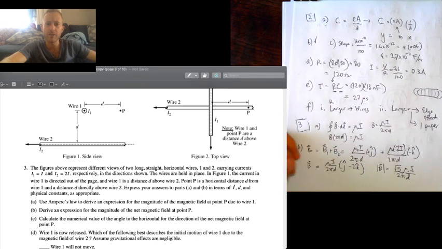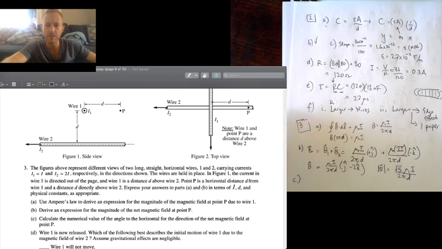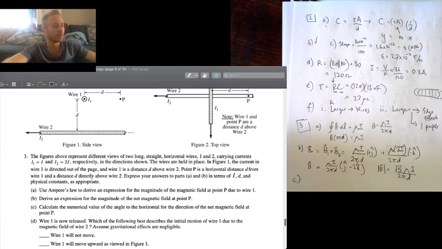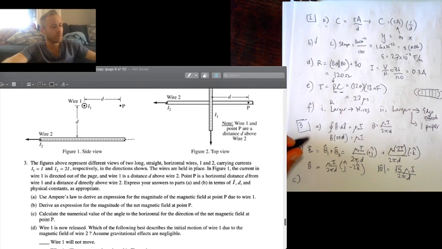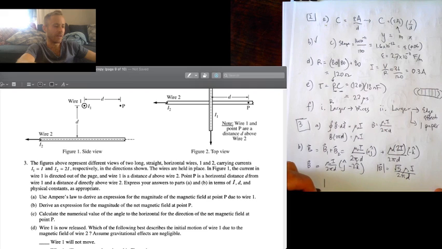C says calculate the numerical value of the angle to the horizontal for the direction of the magnetic field at point P. So we've got a magnetic field that goes up, and then into the page 2, okay? And so the total magnetic field kind of points like this, according to the parallelogram rule.